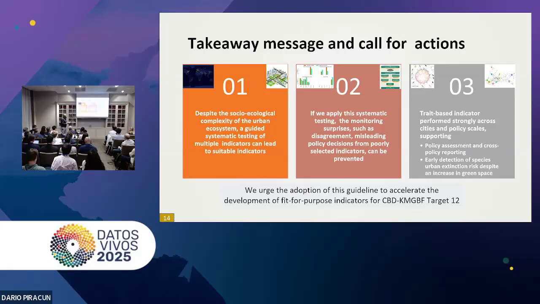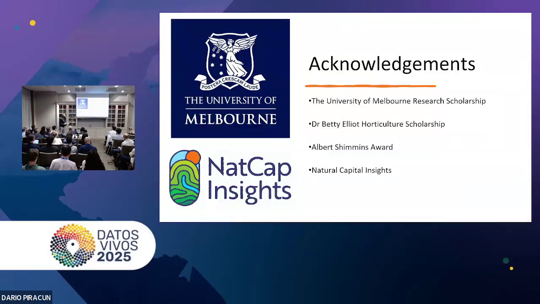Third, the trait-based indicators show really great performance. We can really be pushing forward in more testing contexts. Then we have to adopt this guideline for developing more fit-for-purpose indicators, particularly for Target 12 in this context. So thank you, and possibly if I have 1 minute, questions are welcome.